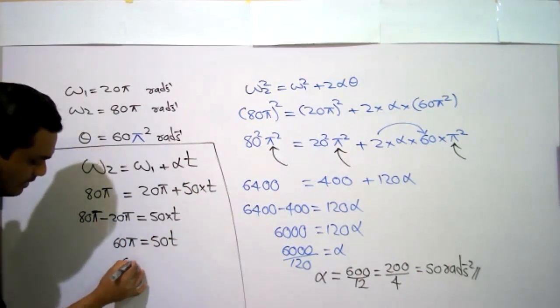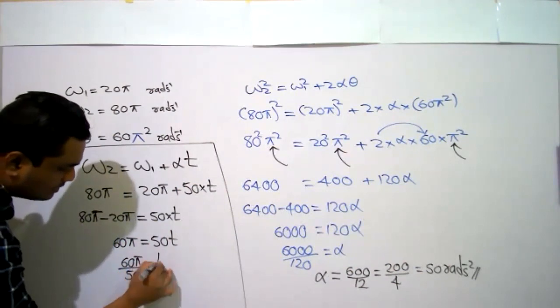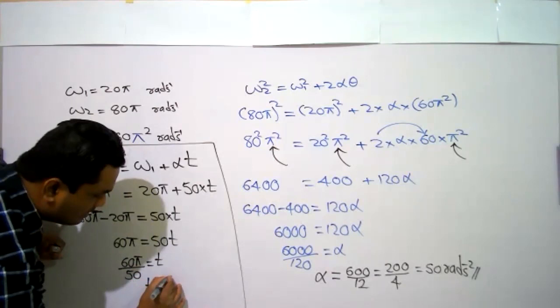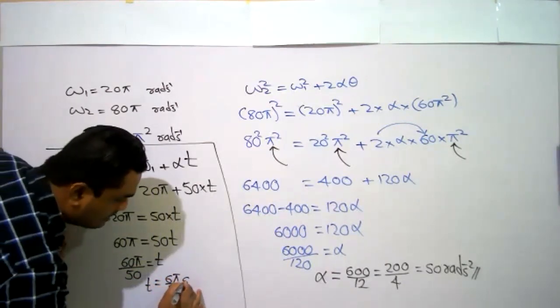Take 50 to this side: 60 times pi divided by 50 equals t. 0, 0 cancelled out. So time taken is equal to 6 pi divided by 5 seconds.